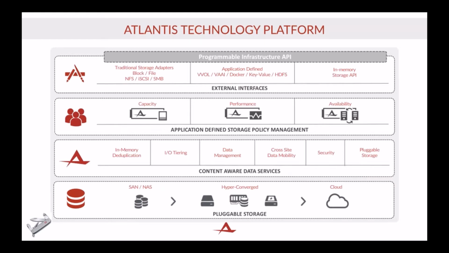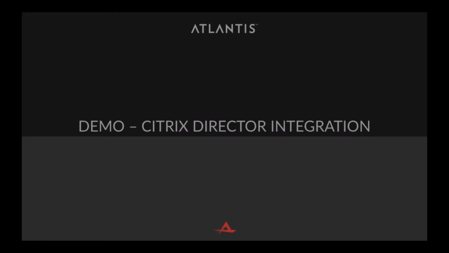So with USX, we provide the capability for you to integrate with third-party products such as Citrix Director and vCenter Operations Manager. The programmable infrastructure APIs enable you to do this. So with that, let's hand it over to Ruben to go through some of the demo items.